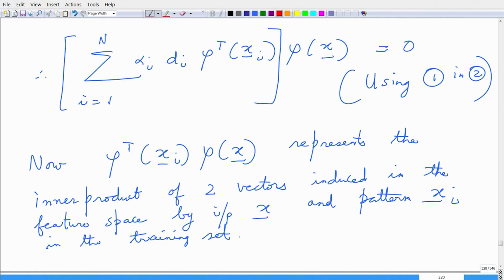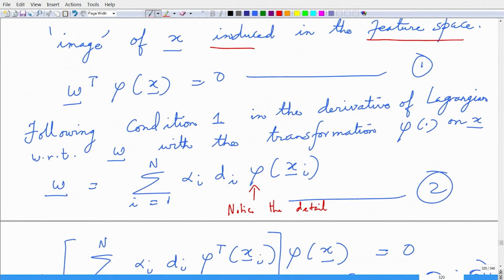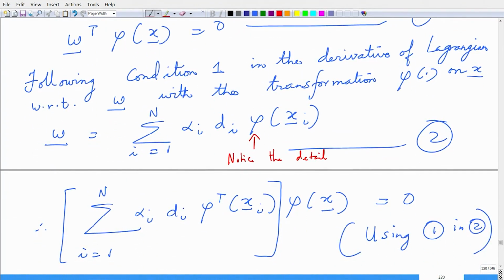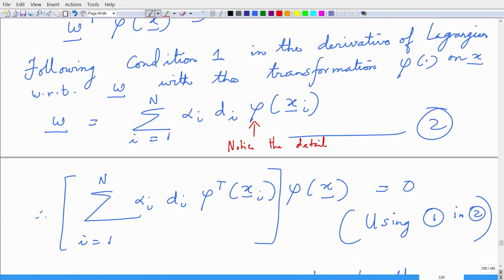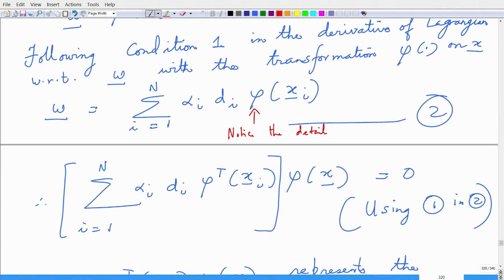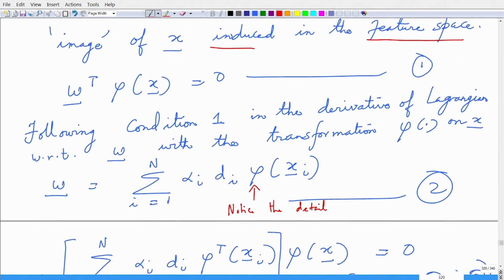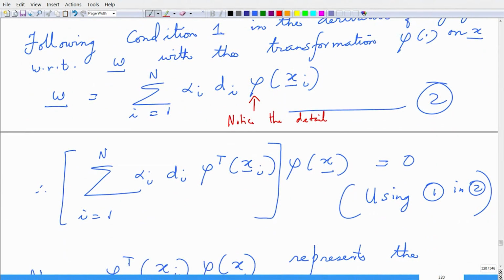Now plugging equation 2 into w transpose phi of x equals 0, the transposition happens on phi of xi, so w transpose is summation i equals 1 to n of alpha i di phi transpose of xi, and that quantity times phi of x is equal to 0.